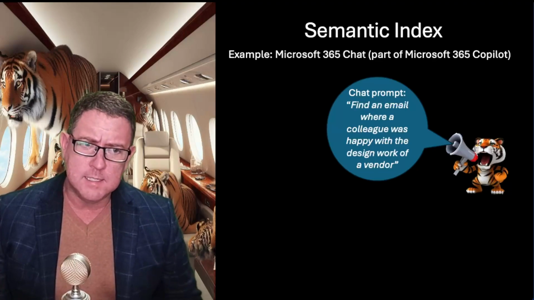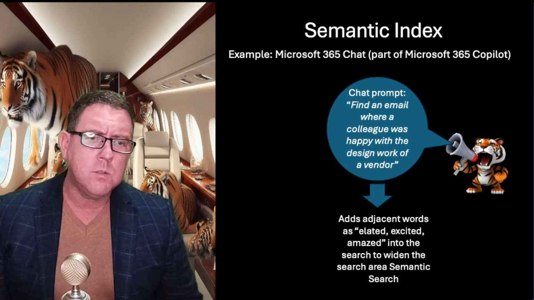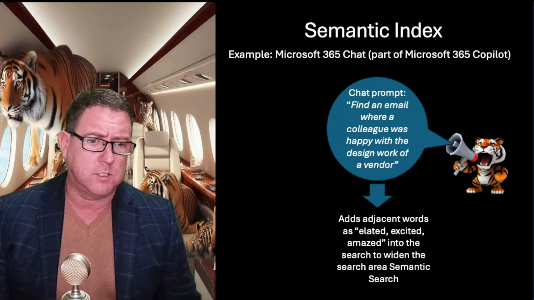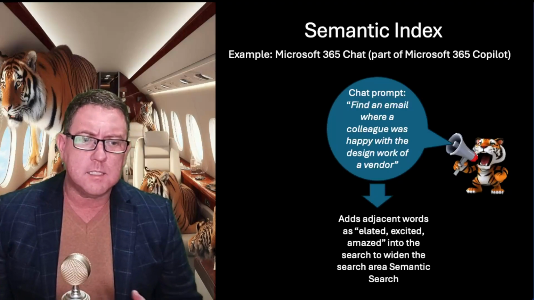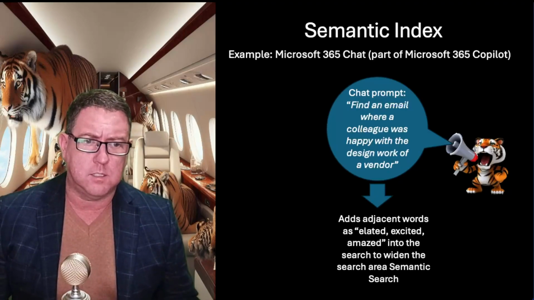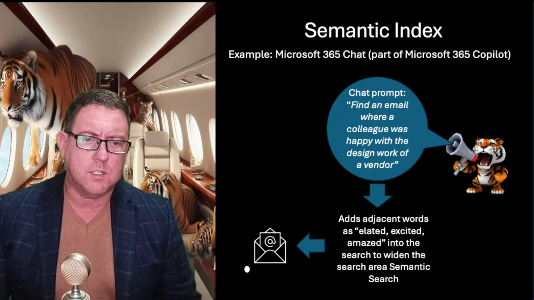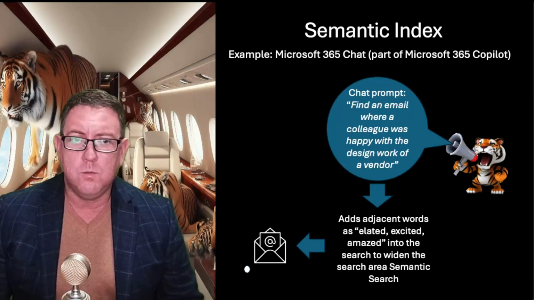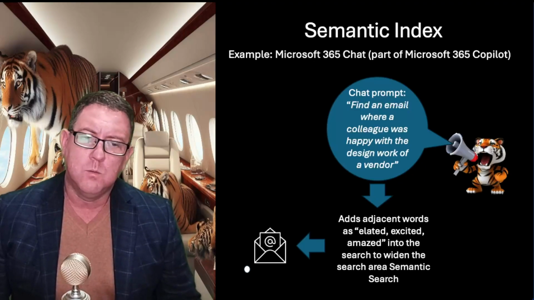So the semantic index takes that prompt and it realizes you don't only mean happy, you might mean also elated, excited, or amazed. And it does this to broaden the semantic search. And then finally, it returns emails where you saw that colleagues were either happy, elated, or amazed with one of the vendors.